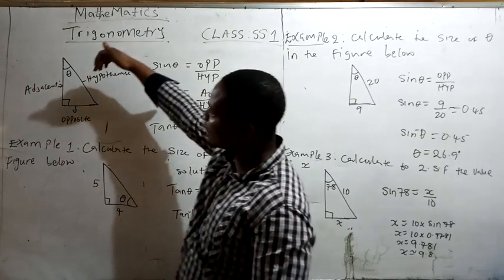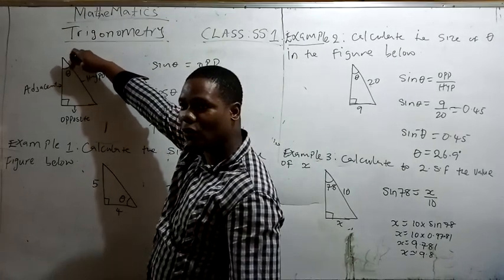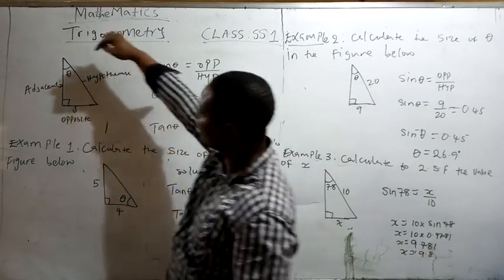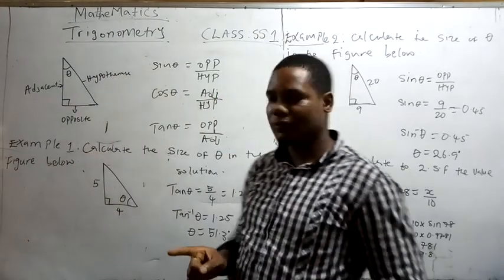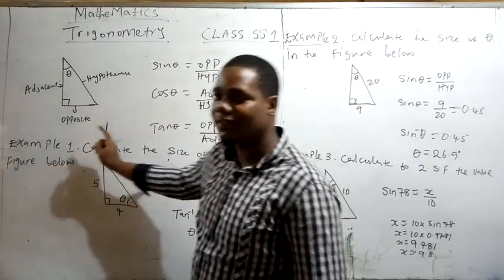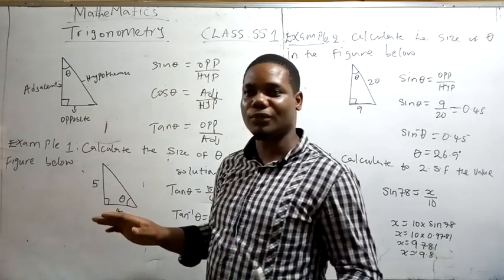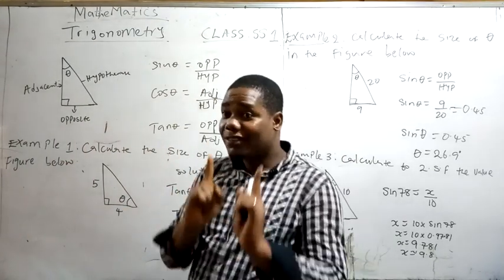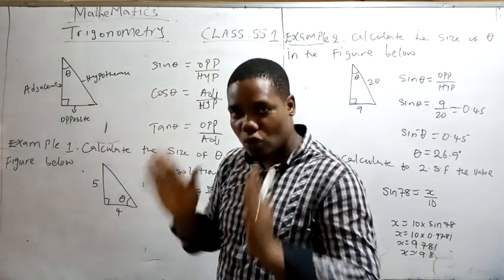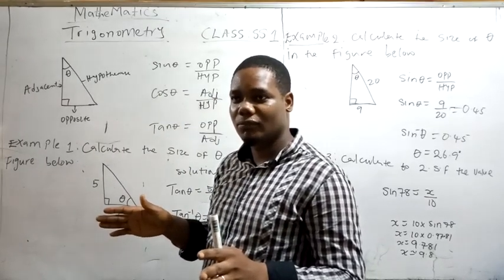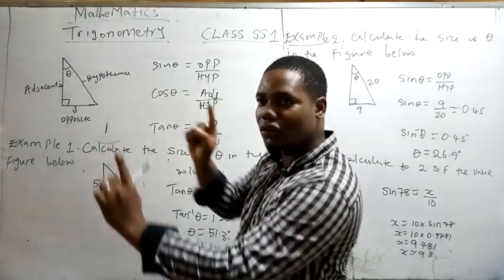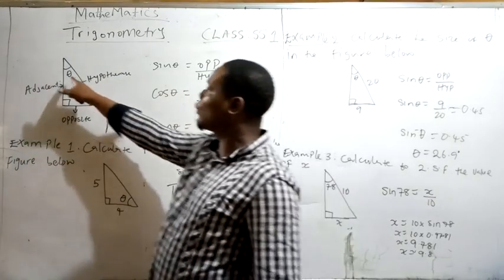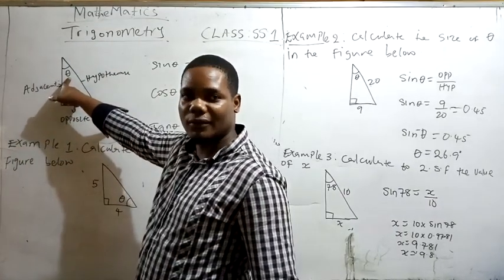Now, if you observe carefully, my position of my angle has changed. Once the position changes, the opposite side will automatically change. But if you observe, my hypotenuse is constant. Opposite and the adjacent, they will alternate each other, depending on the position of angle theta.